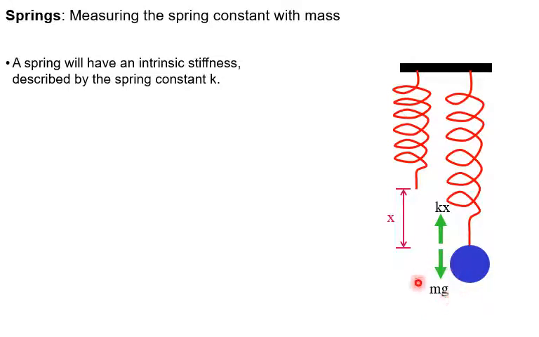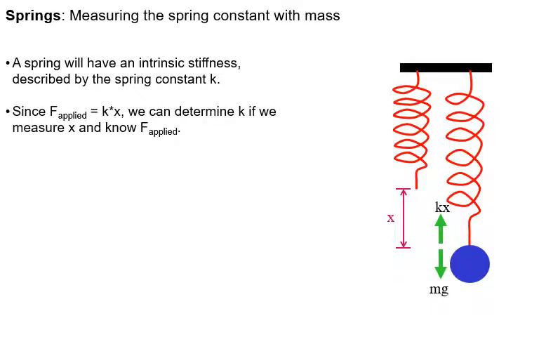So we know the force of gravity, and if we attach a mass to a spring, it's going to stretch the spring, we can measure the displacement, and as long as the system is in equilibrium, then the spring force, or rather the applied force, is equal to the gravitational force, right? So kx is going to be equal to mg, and we can therefore solve for the spring constant.